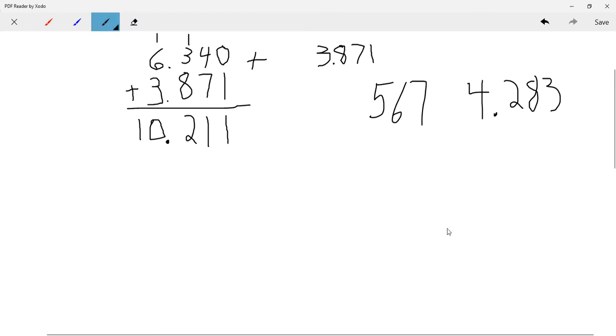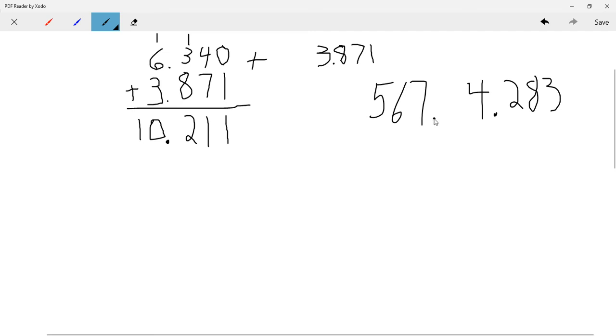So really we're lining up by the place value, but lining up by the decimal is also just lining up by place value. It's exactly the same. So the decimal after a whole number just goes after the ones column.